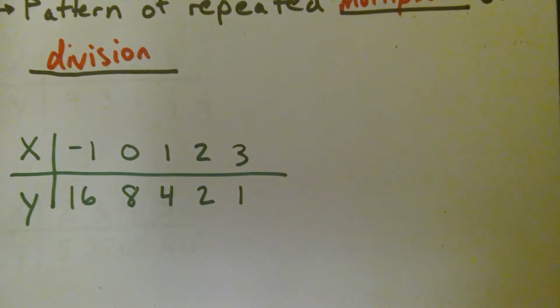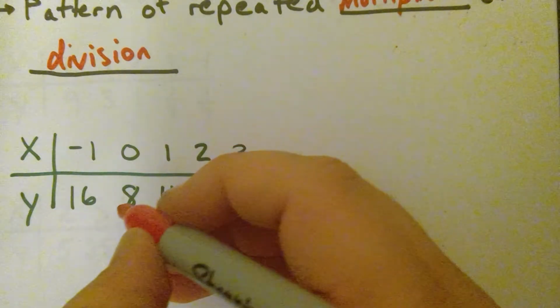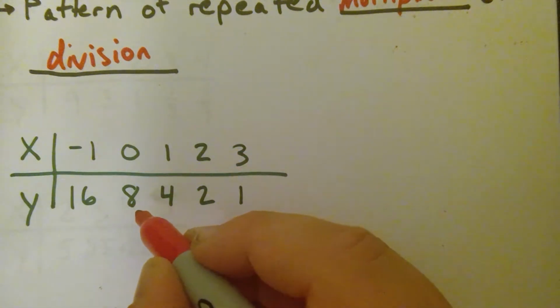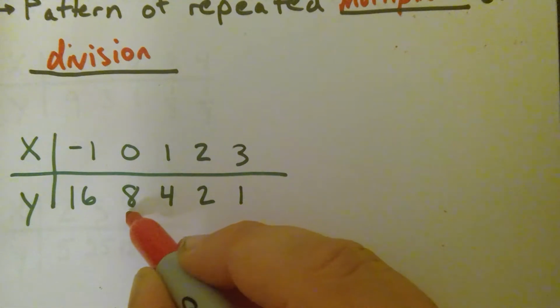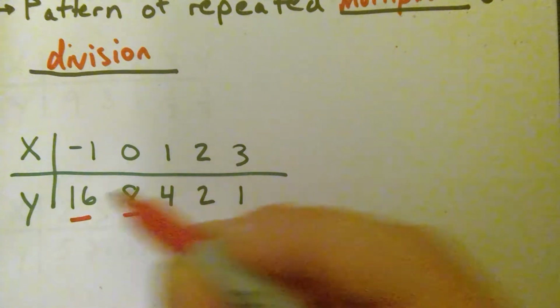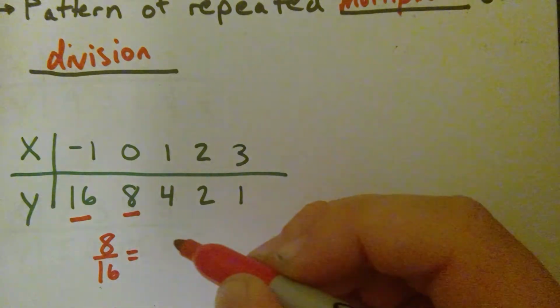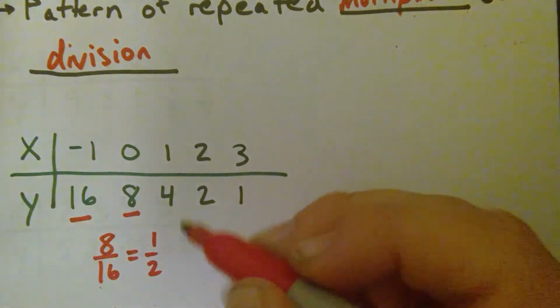So let's take a look at our table here, and we need to figure out how we're changing. What is our pattern? A great way to find our pattern is to take two terms and divide them. So we're going to take 8 divided by 16. If I simplify that, that's going to give me 1/2.